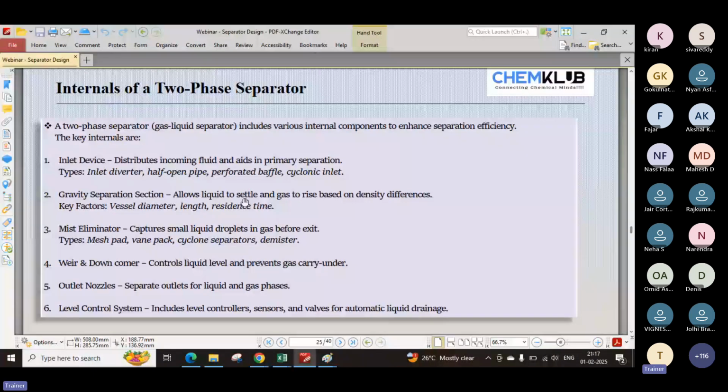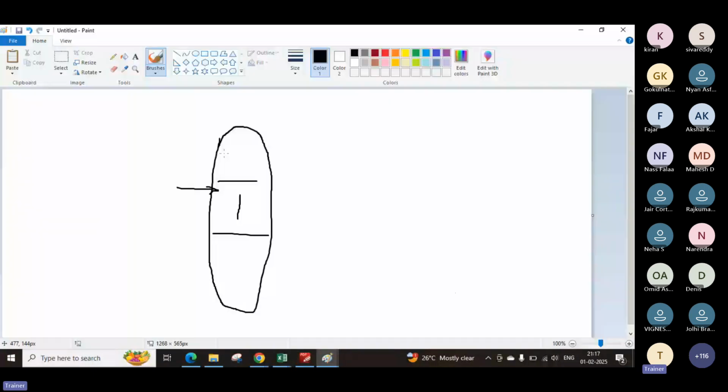There are some mist eliminators. In the upper part, the vapor space, we put mist eliminators. These are nests of wires through which gas has to pass. When gas passes through this nest, it strikes the surfaces of the wire or the material from which the nest has been created.